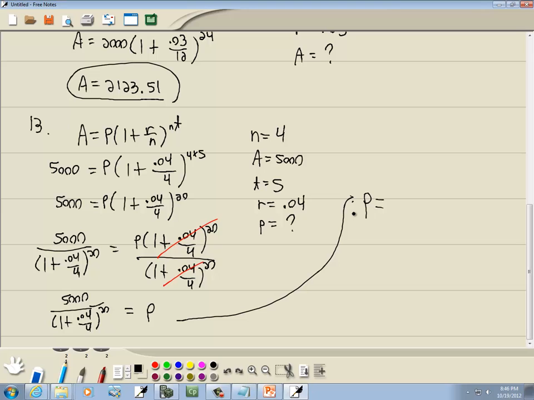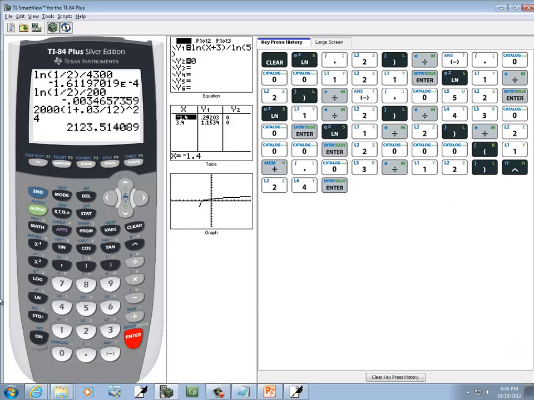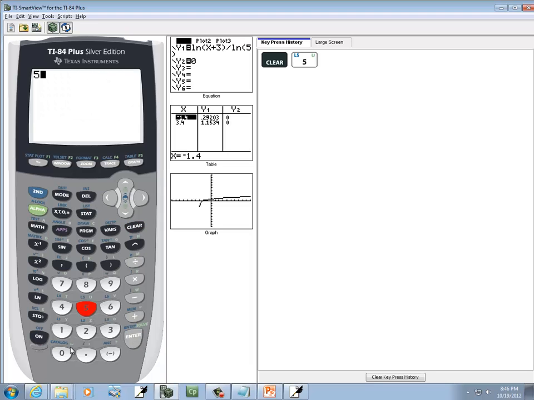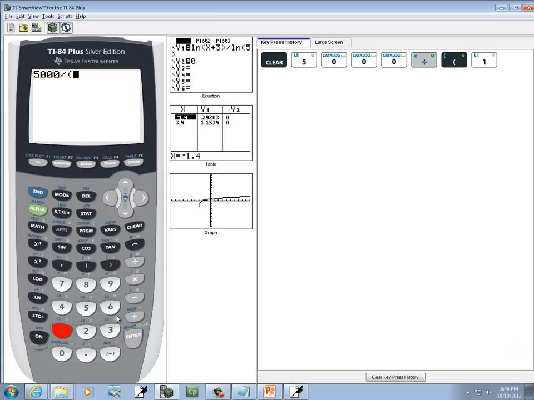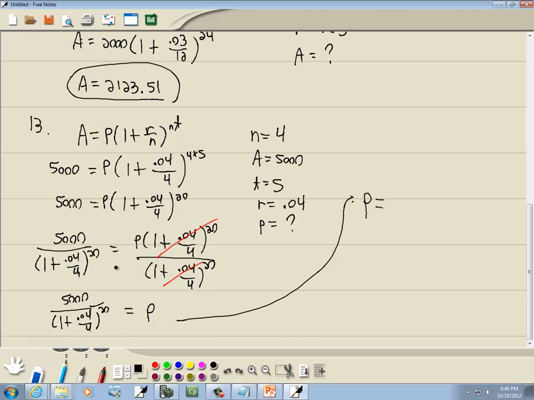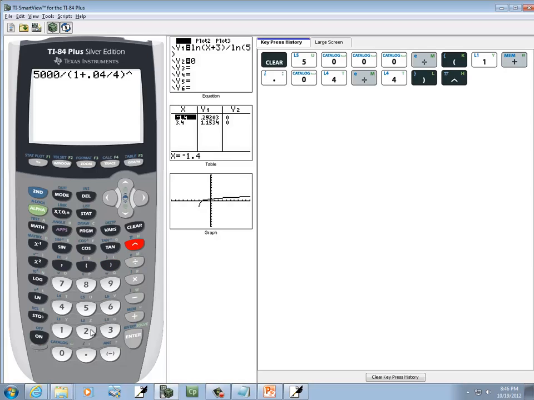And let's put that in our calculator. So I got 5,000 divided by, open parentheses, 1 plus 0.04 divided by 4, close parentheses, caret 20.